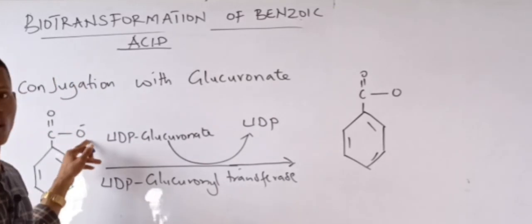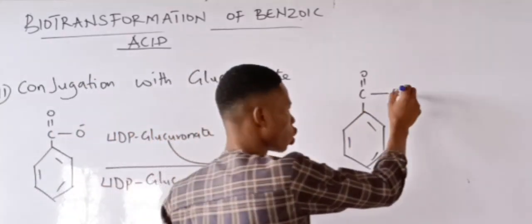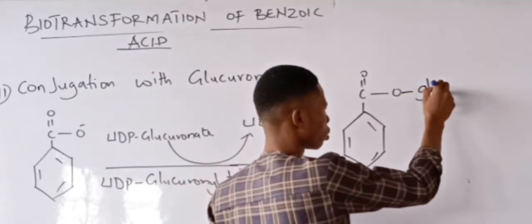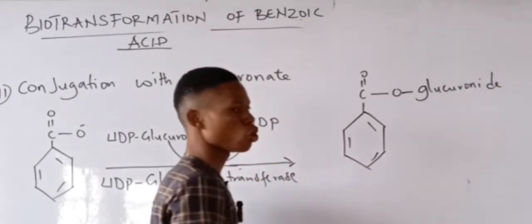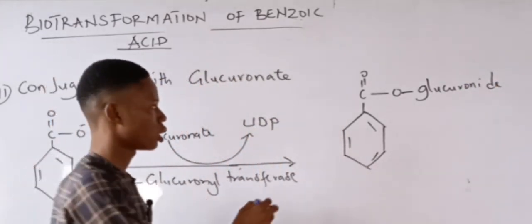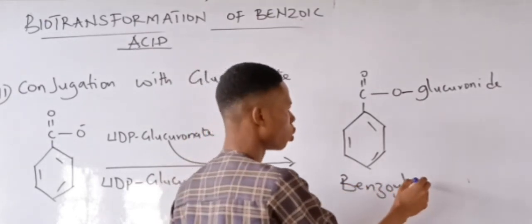To this we attach our glucuronate, but if you are attaching glucuronate to form a conjugate, what will be the name? Glucuronide, right? So what will you call this? Benzoyl glucuronide, right?